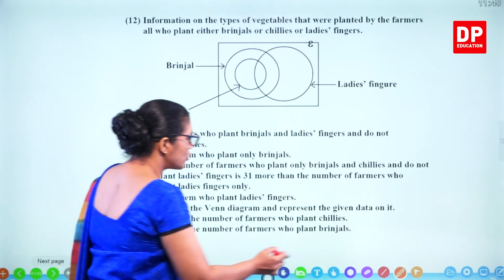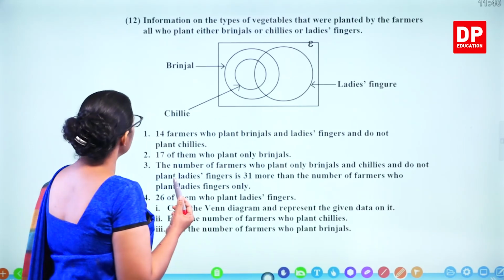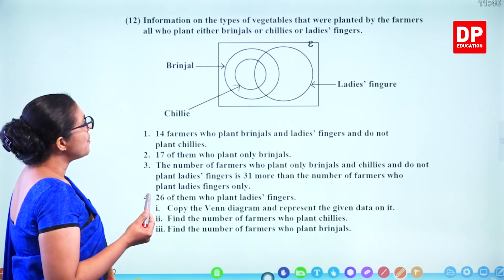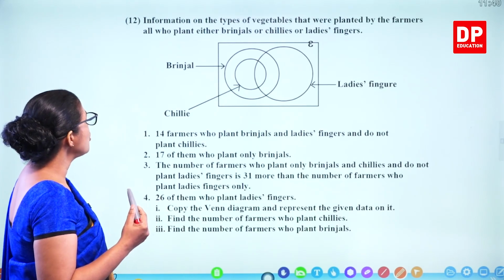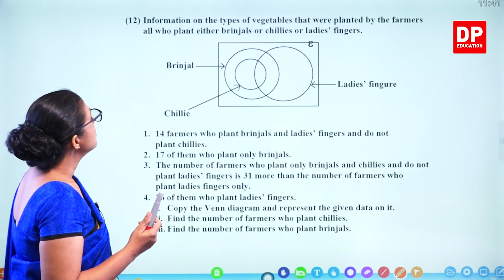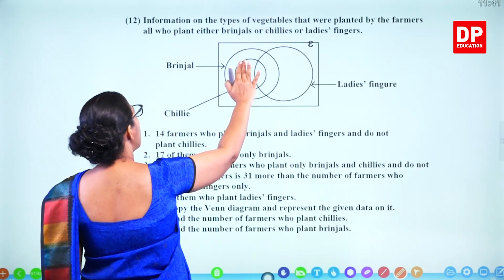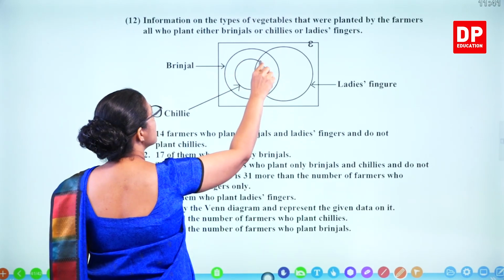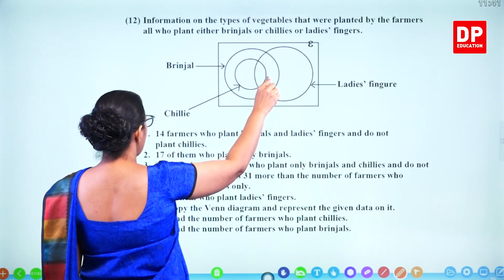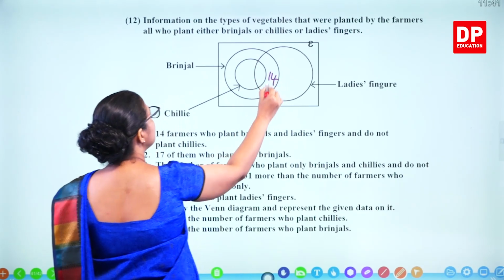So we can mark those on the diagram. 14 farmers who plant brinjals and ladies' fingers and do not plant chilies. So do not plant chilies but brinjals and ladies' fingers. So this part is given 14. So this part.